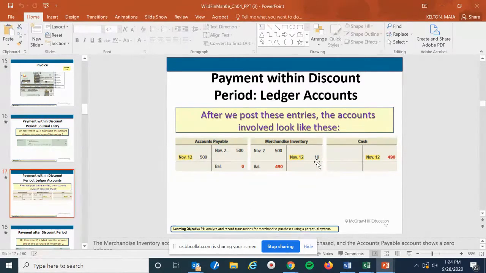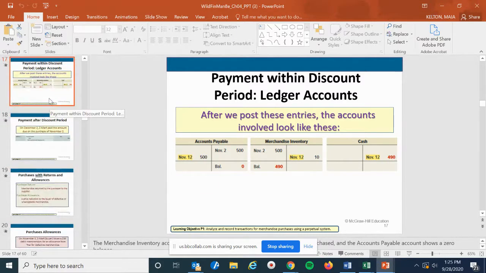It doesn't reduce the amount of inventory. It reduces the value of inventory, because now the merchandiser really is paying $10 less for what they bought. The cash payment will also be a little less. So if you add cash and the discount, that should equal accounts payable.